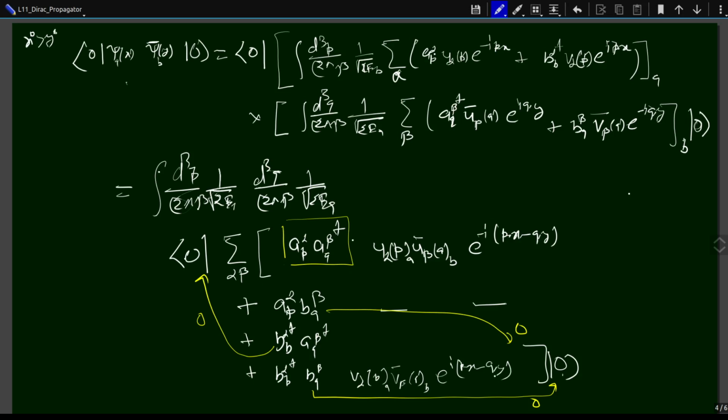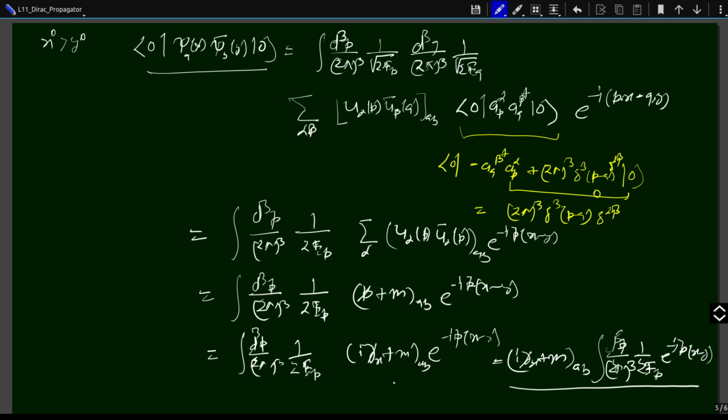No overall minus sign. In the first case, the overall minus sign was there. But the summation of v with v bar will give me a minus p slash. So this p being of opposite sign would be taken care of.